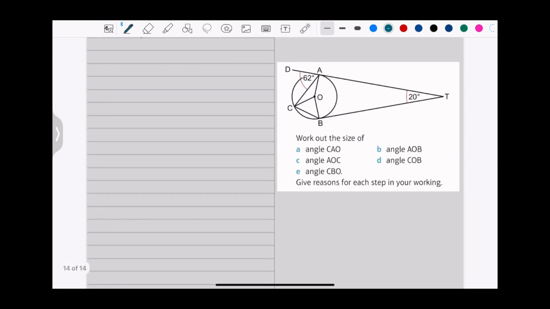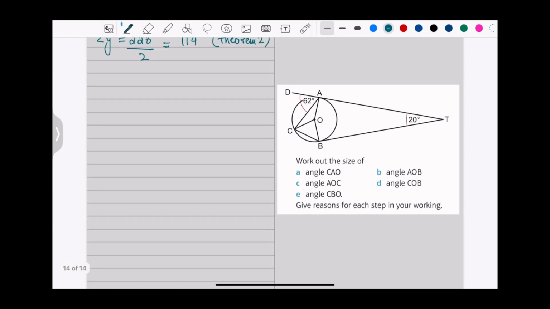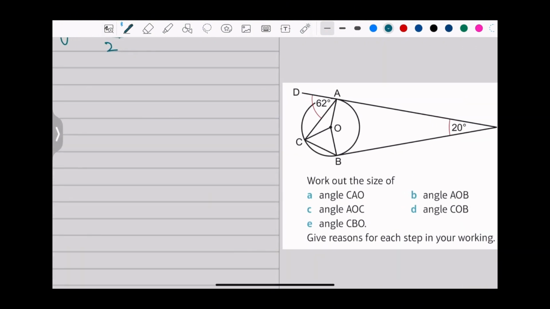Now let's look at the last question of the day. I have to find out CAO. So first highlight what that is. CAO is this. And if I see that, then this is an isosceles triangle.